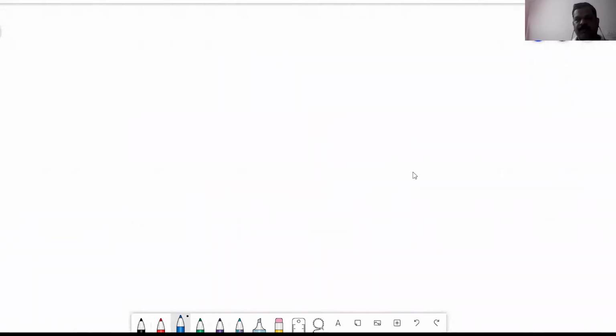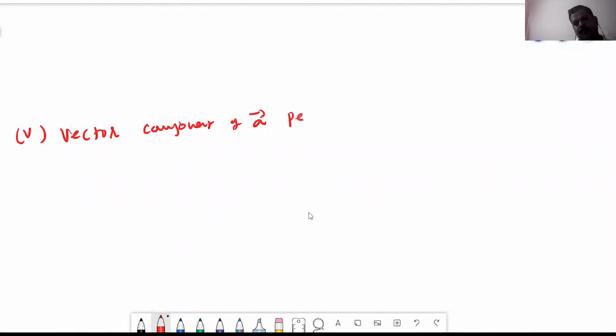So next, the fifth one: vector component of A bar perpendicular to B bar. Perpendicular to B bar. This is very important.